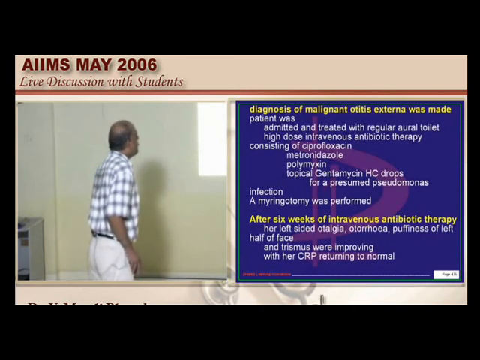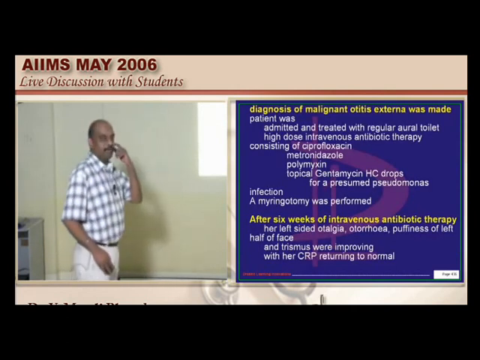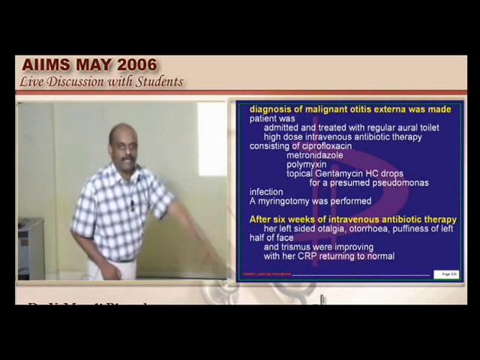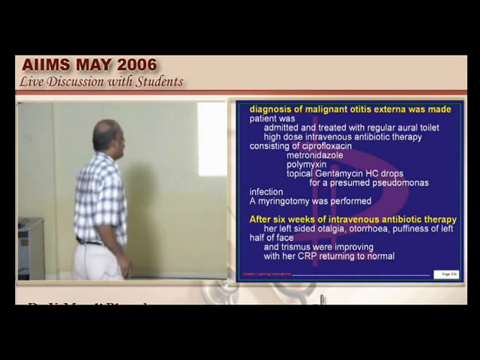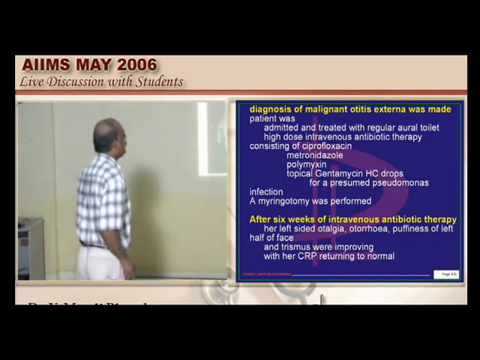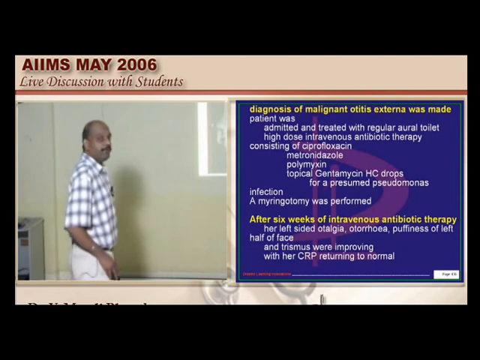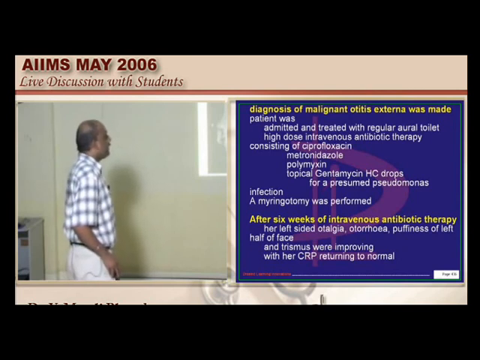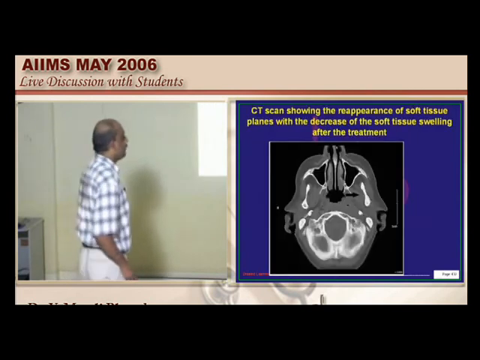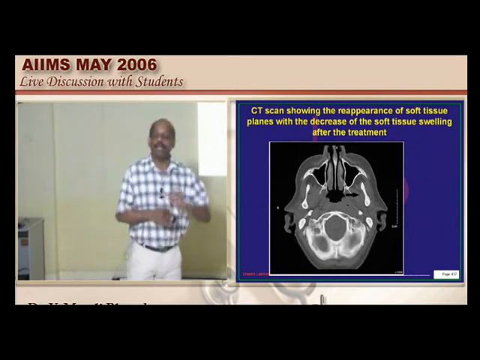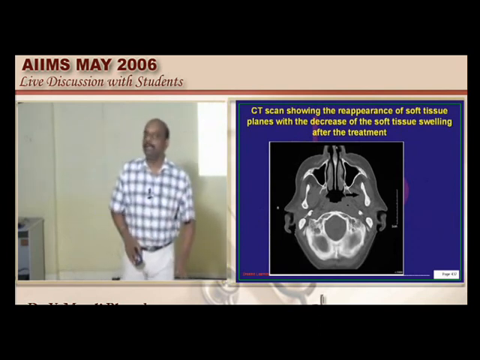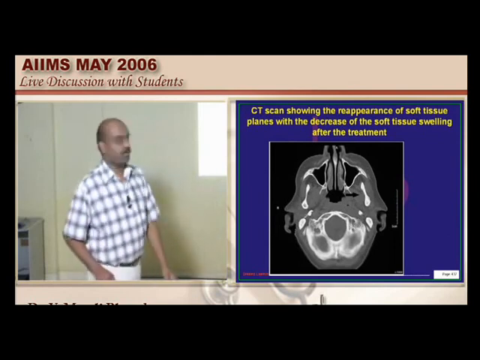He had been treated with metronidazole, polymyxin. When the aural toilet was done and it was checked under the microscope, the pseudomonas had grown, and after about 6 weeks of antibiotic therapy, you can see that the soft tissue swelling which was there earlier has totally resolved. So this is how pseudomonas, elderly individual, and malignant otitis externa should not be forgotten.